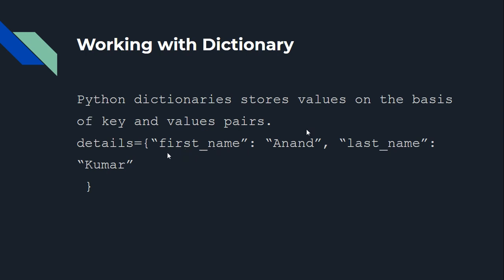So we will write like this. The first key is first name and the value of this is Anand. Then the key is last name and the value of this is Kumar. So first name and last name are called keys, and Anand and Kumar are called values. So a dictionary is nothing but a collection of key and value pairs. Is this clear, everyone?